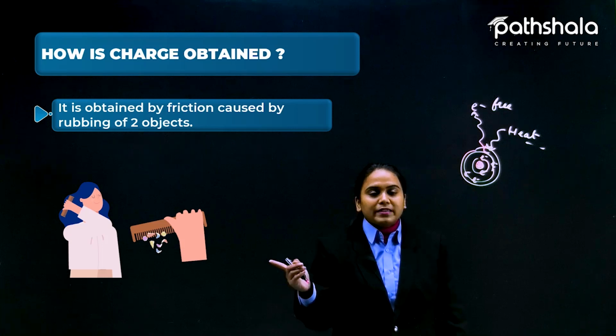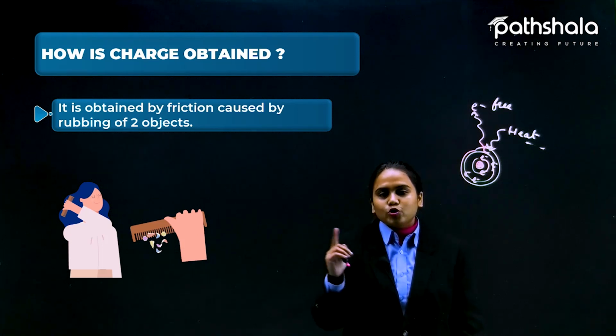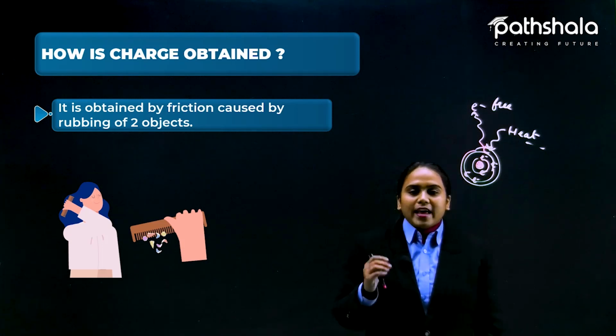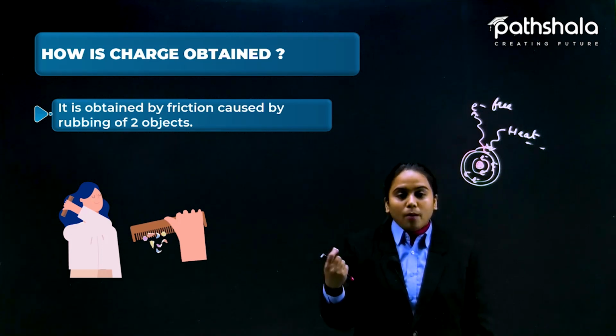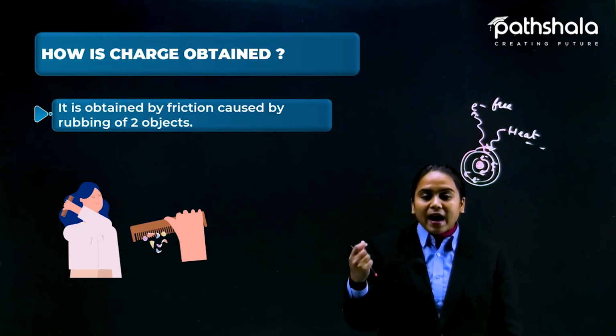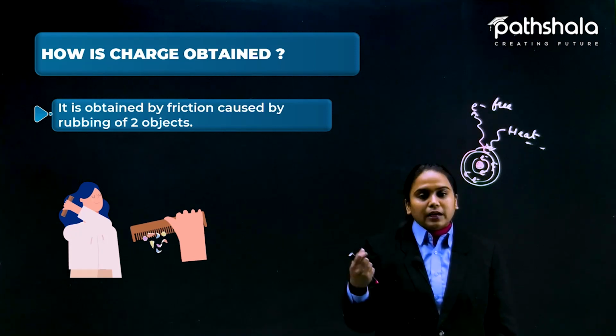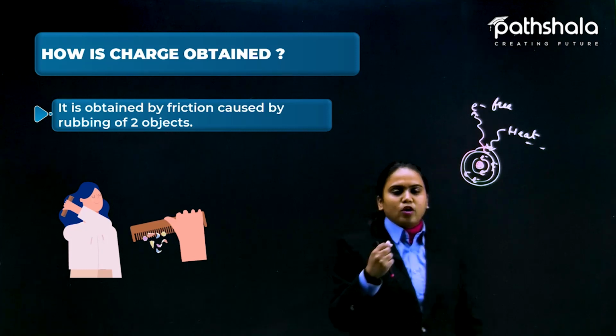This is the most famous example that we see and we used to play with also. When we used to comb dry hair, the comb that gets rubbed by the hair gets heated up, a little bit because of friction.